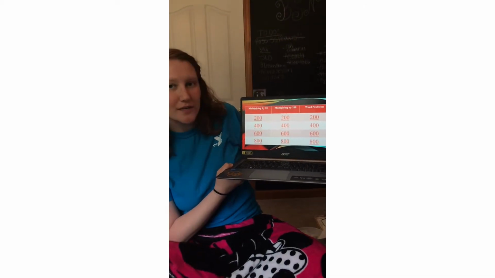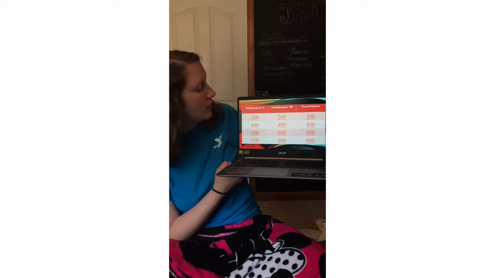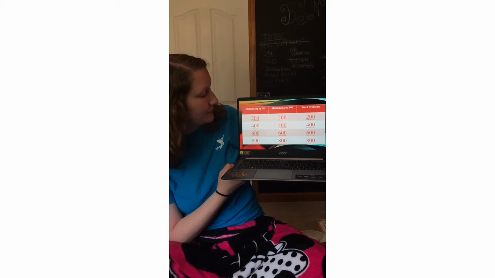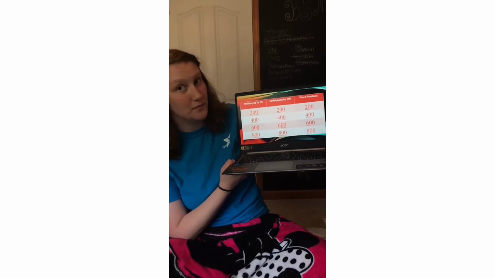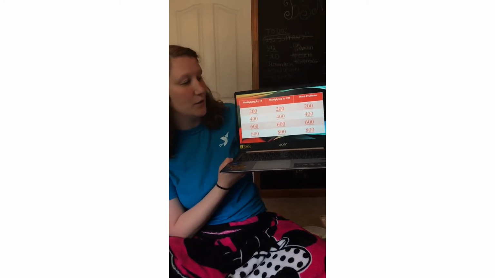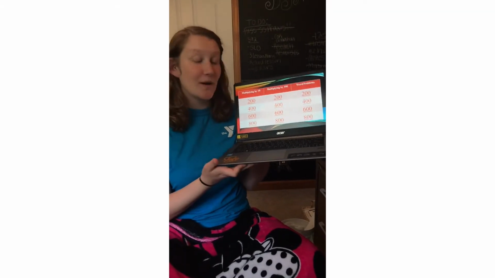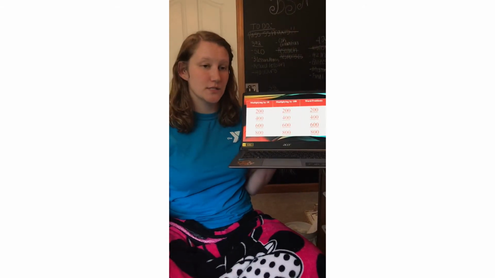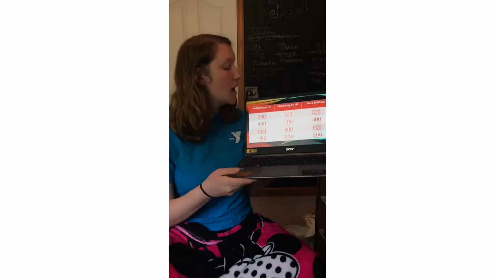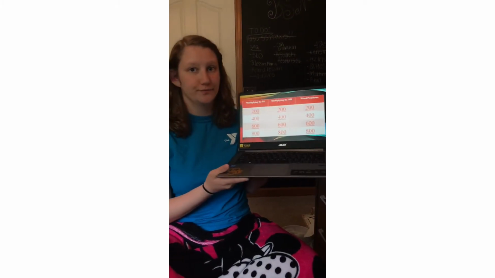So our categories on our game board are multiplying by 10, multiplying by 100, and I threw some word problems in there to help you get a little bit more practice. Okay, so at this time we would start our Jeopardy game, and I would have already split all of these students up into their groups.